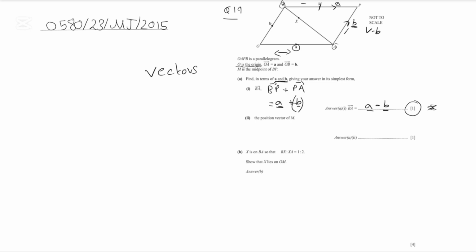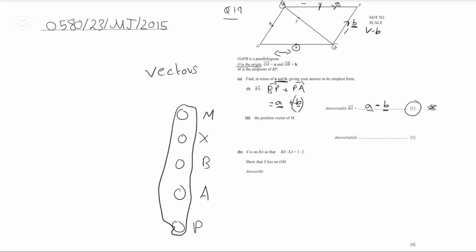Now I'm going to introduce you to the concept of position vectors. So a position vector is a vector from the origin to another point. For example, the origin over here is O. So any point such as OM, OX, OB, OA, and OP, all of these are position vectors, as O, the origin, is present in all of them, and they're going to point M, point X, point B, point A, and point P. So these are position vectors, or PVs for short.